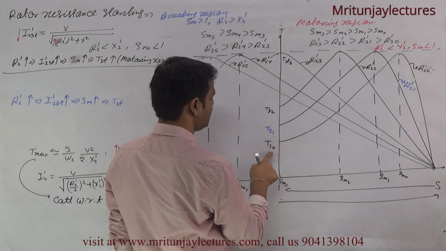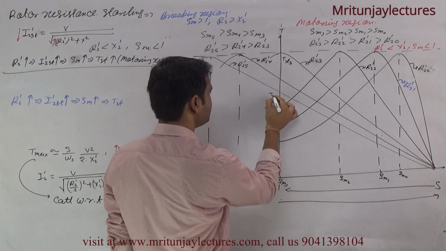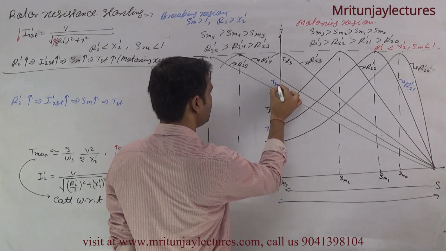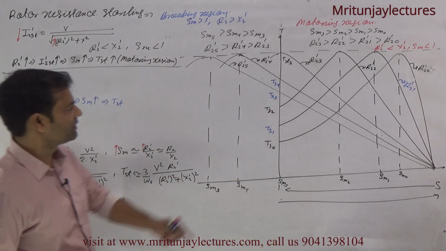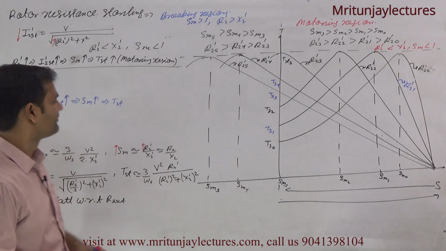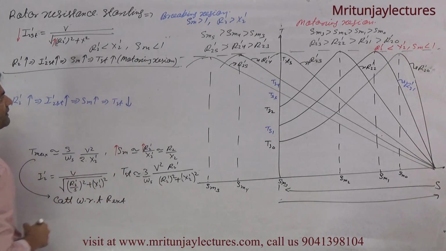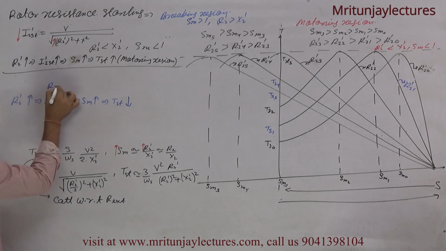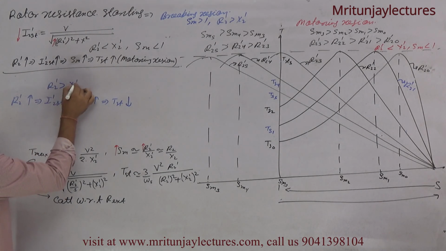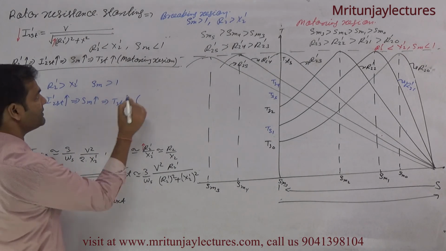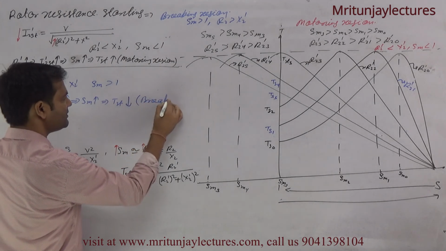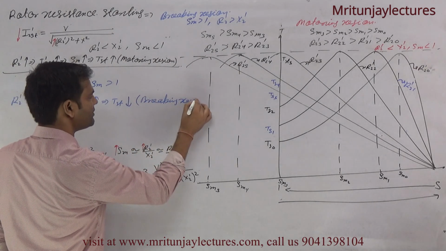It is ST4 and that is ST5. Starting torque decreases. Clear? Okay, in this region, R2 dash is greater than X2 dash, and slip is greater than 1. This region is called the braking region.